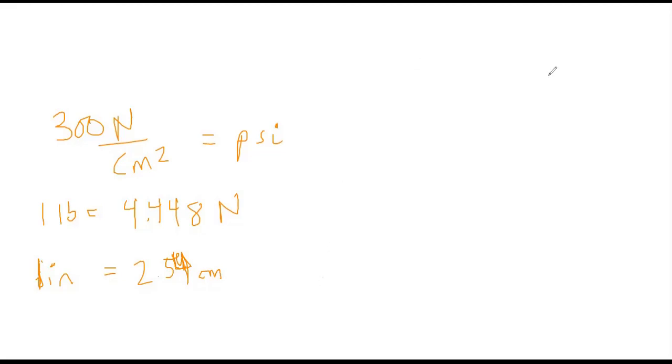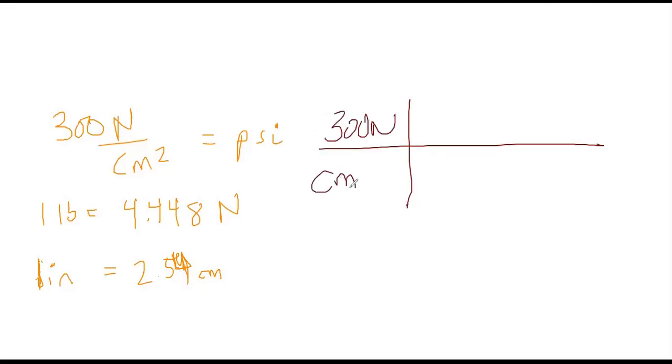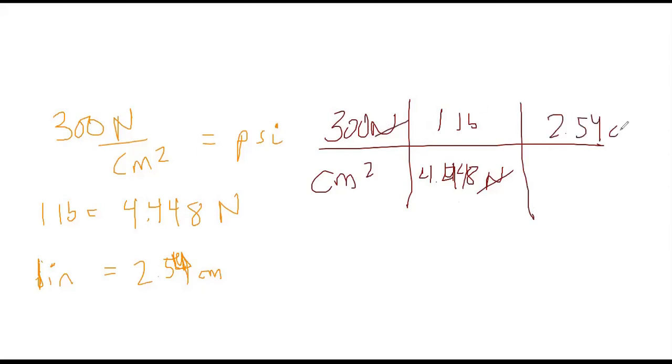Here we go. Let me show you how this is done. It's a little trickier, like I said. Let's see if you got it. I'll do it in black. 300 newtons, or brown, over centimeters squared. Let's do the newtons first. That's easy. 4.448 newtons, 1 pound. So the newtons cancel. We're left with pounds. And then we have 2.54 centimeters in 1 inch. We have centimeters squared here.